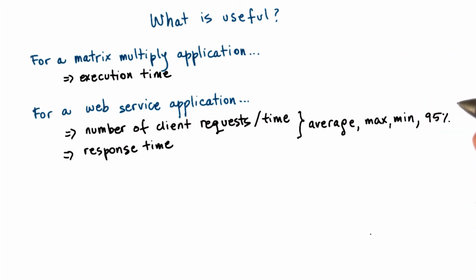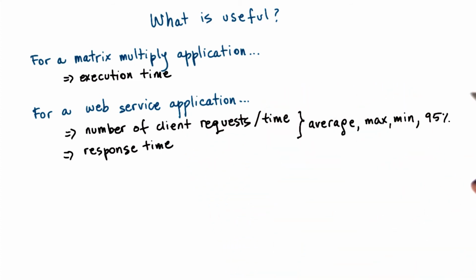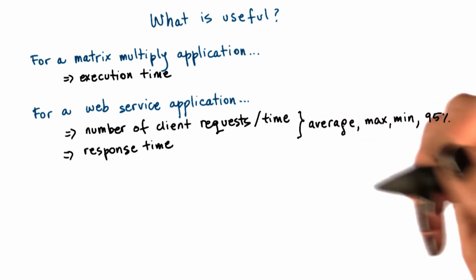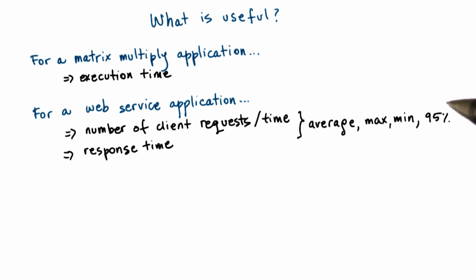Because these outliers, these remaining 5%, may have very different behavior than the rest of the requests or the rest of the time that the service is operating, when you're using the average numbers for these values, the evaluation may look very different than when we're using the 95 percentile values.